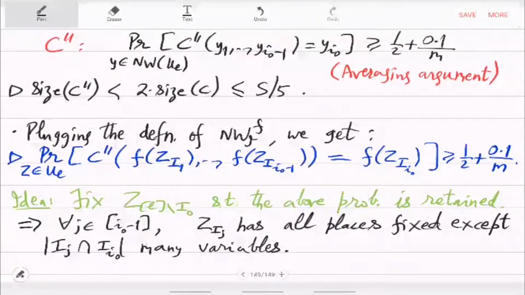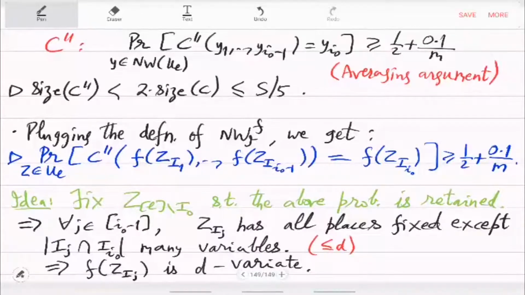So, Ij intersection I0 is small, that is less than or equal to D. So, this means that f on Zij in this, how many arguments are actually free at most D? So, this is D variate.